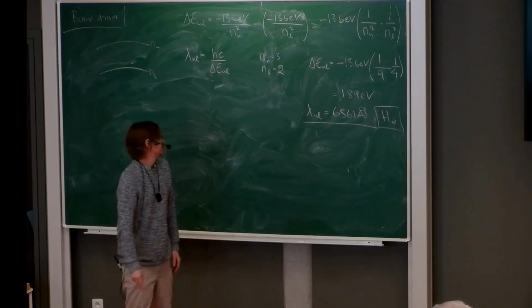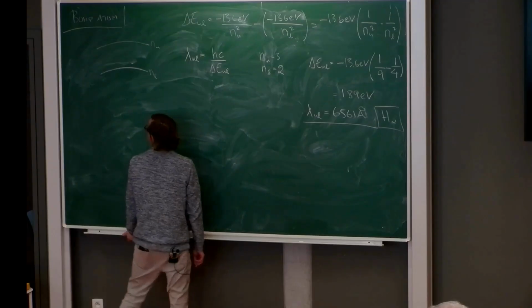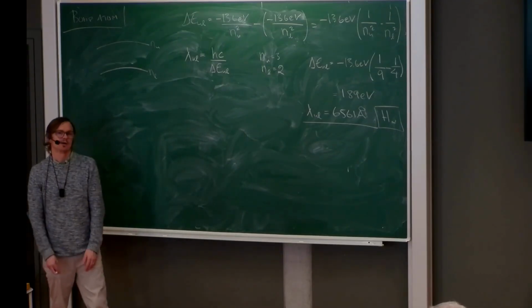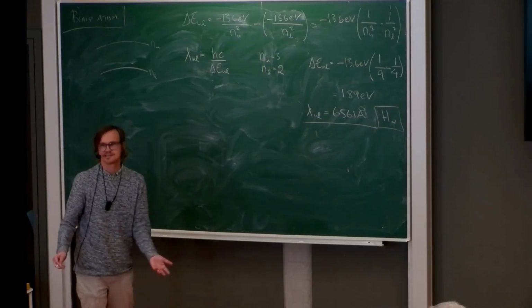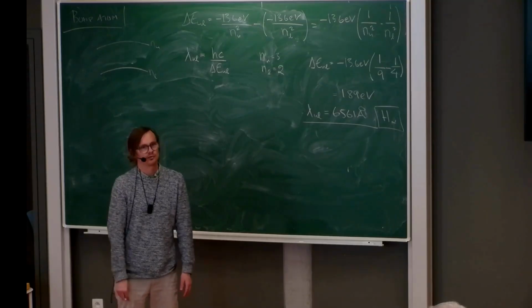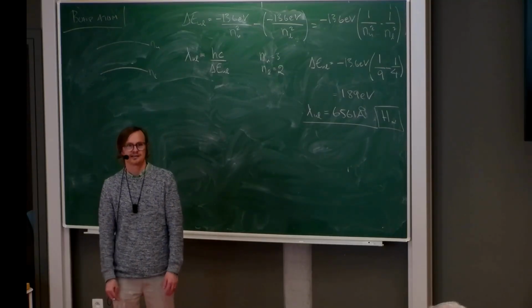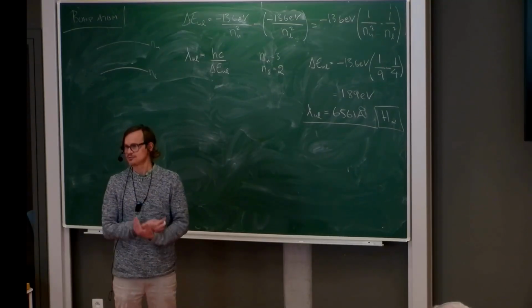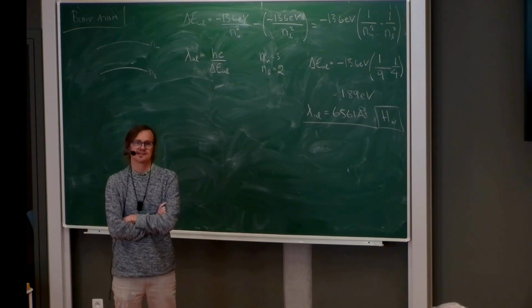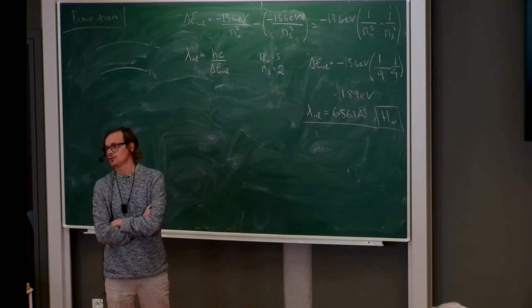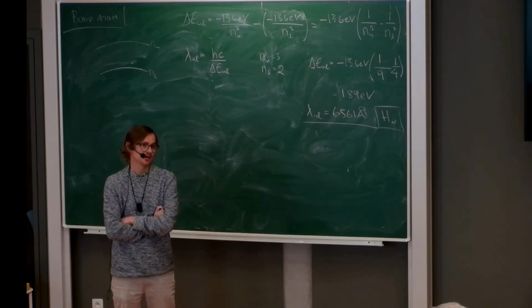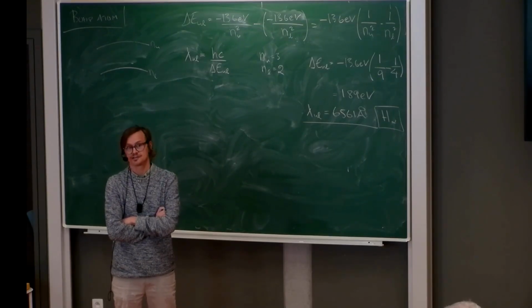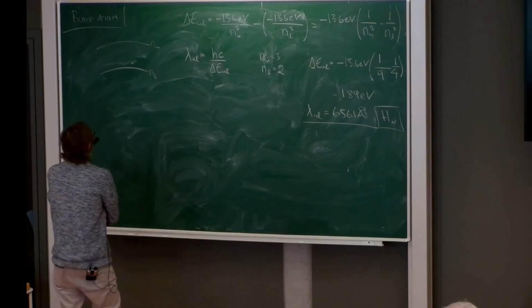We have some students now doing observations of the H alpha line in some stars that my research group is interested in, and for that we're using our own Mercator telescope, which is situated in La Palma. It's an optical telescope. So let's do another one.